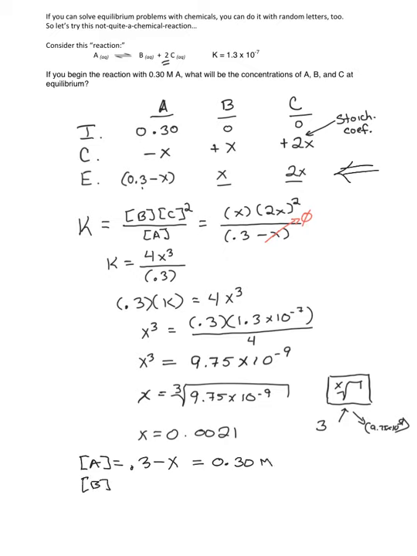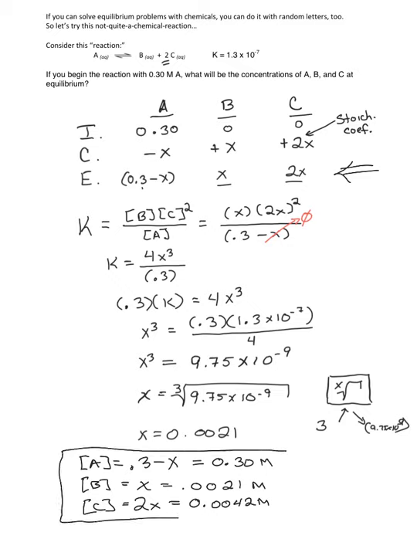B is just equal to x at equilibrium, and so that's just 0.0021 molar. And then C, because it had that stoichiometric coefficient of 2, is equal to 2x. So I pop this into my calculator, and I figure out that this is 0.0042 molar. And there we go. Those are the concentrations of everything at equilibrium.